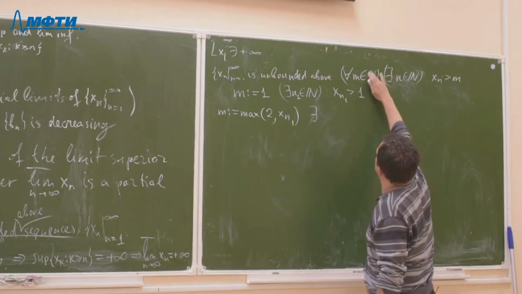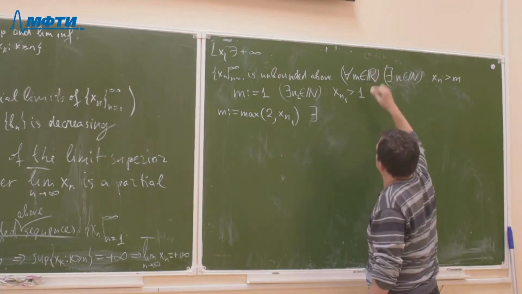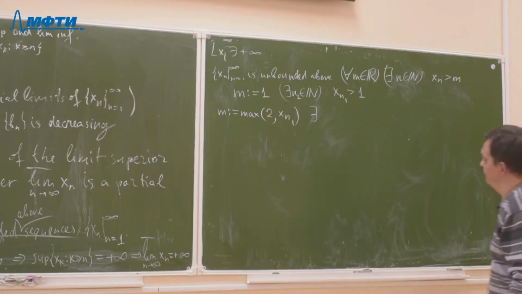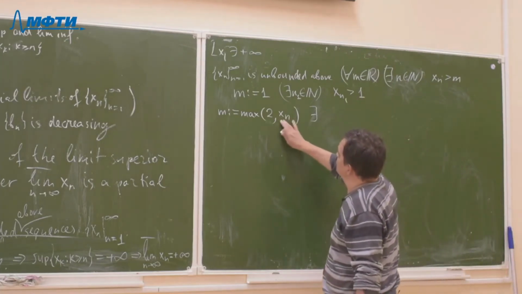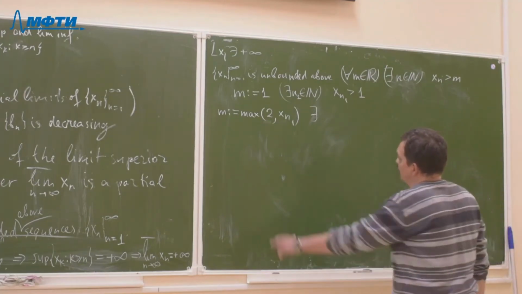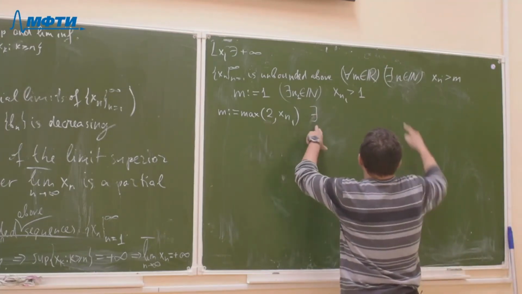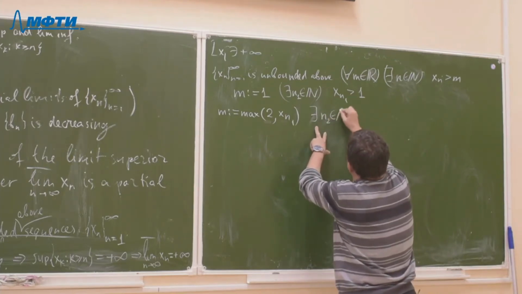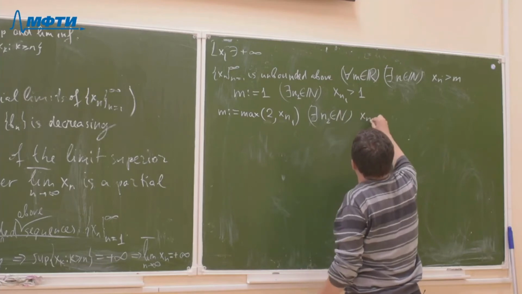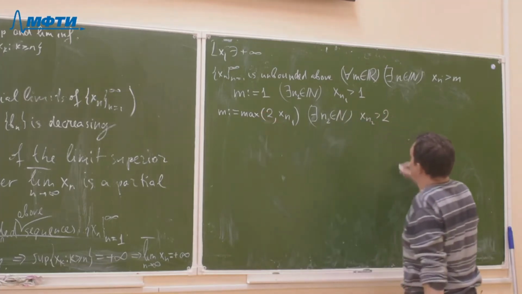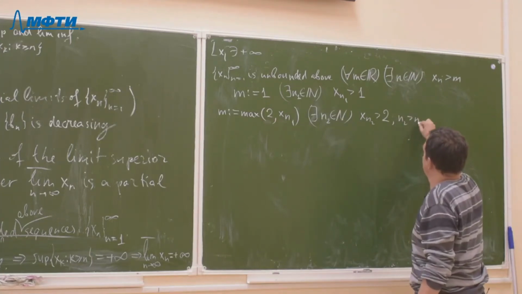It is not natural, just real. Unbounded above means no real upper bound. So the maximum of 2 and x_1 and 1 is again a real number. Then there exists an index, I'll write it n2, natural, such that x_n2 is greater than 2, and also n2 is greater than 1.